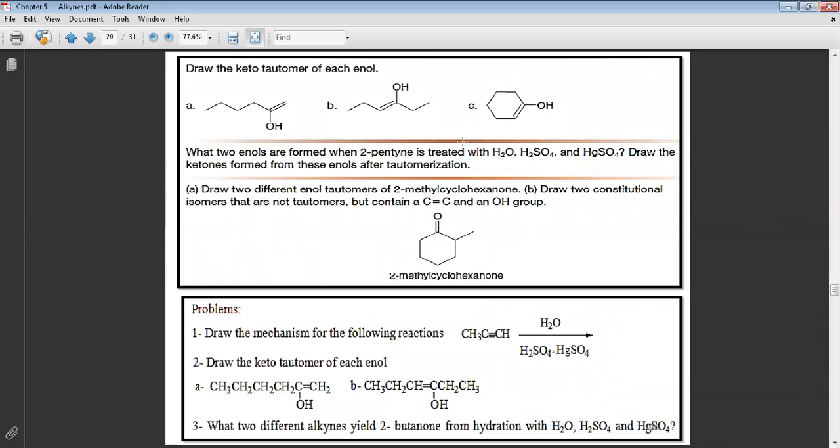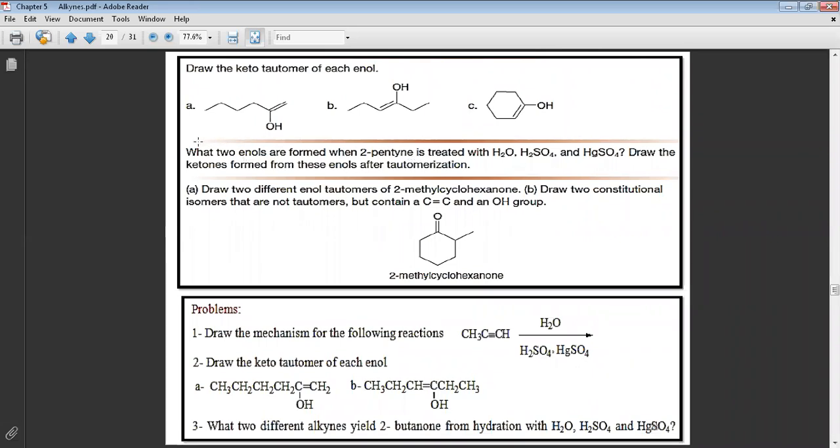That means this hydration reaction. If this alkyne enters the hydration reaction, any enol form will be formed. Draw the ketone formed from this enol after tautomerization. That means you have to do the tautomerization for this compound.